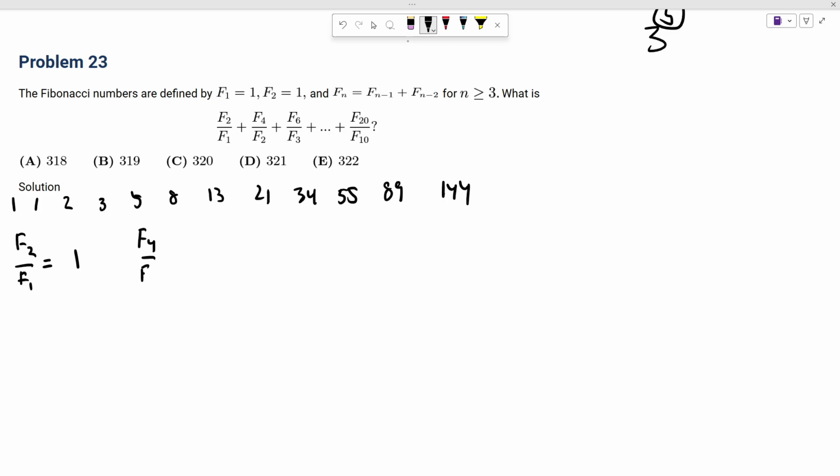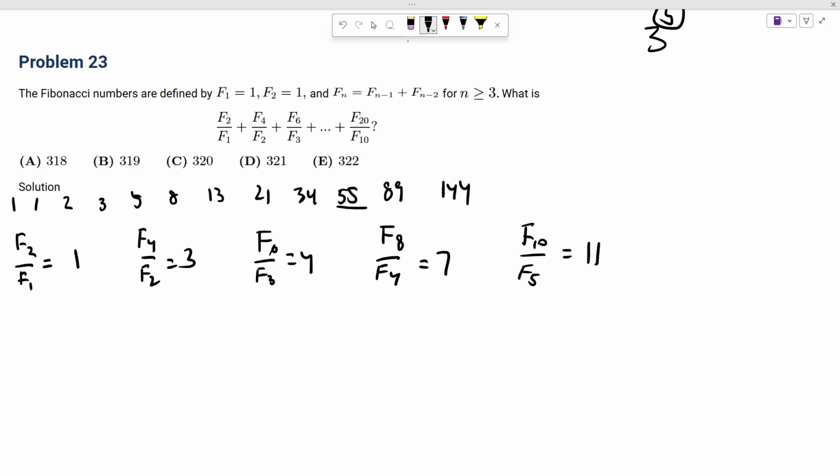F4 over F2 is equal to 3. That's 3 over 1. F6 over F3 is equal to 4. That's 8 over 2. And then F8 over F4 is equal to 7. That's 21 over 3. F10 over F5 is equal to 11.